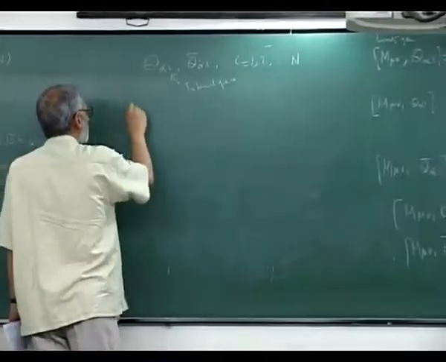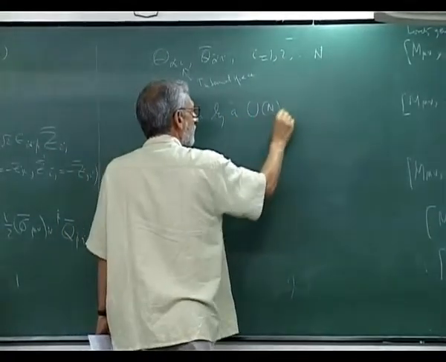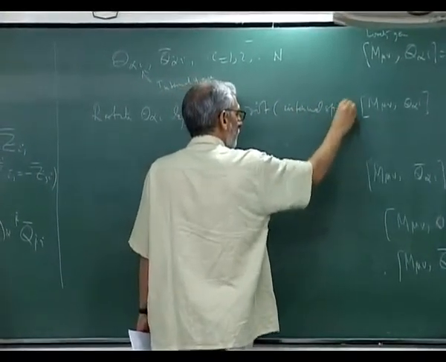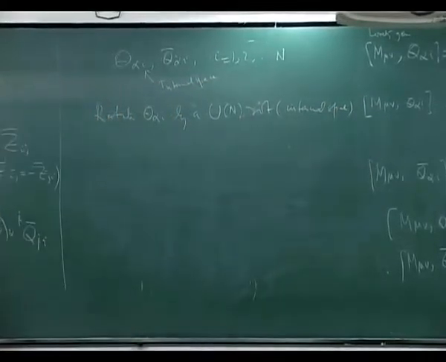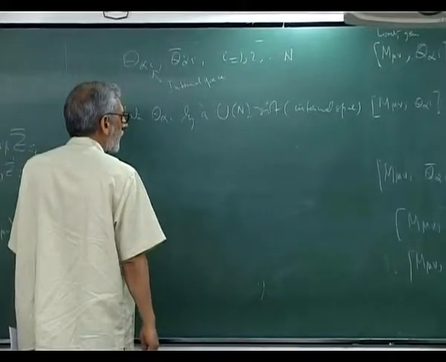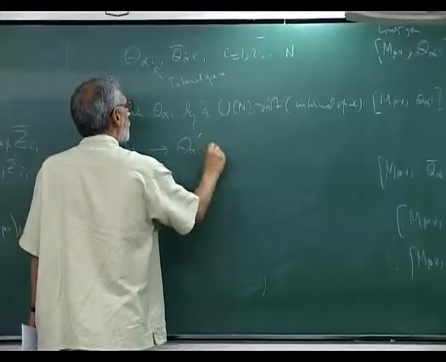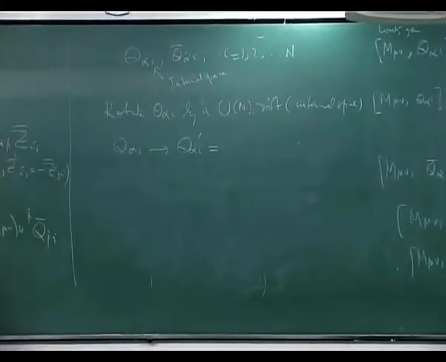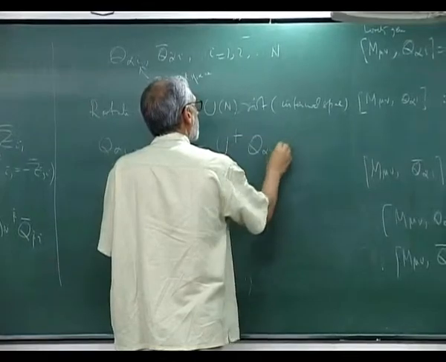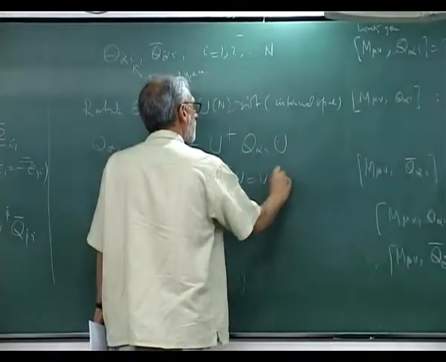So I can rotate Q alpha I by a unitary rotation, an internal space rotation which acts on this index I. Which means if I take Q alpha I and rotate it to Q alpha I prime, I could write this as some unitary matrix times Q alpha I, u, where u dagger u is 1.